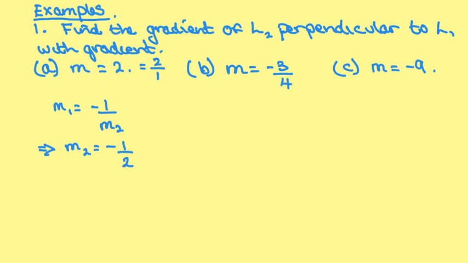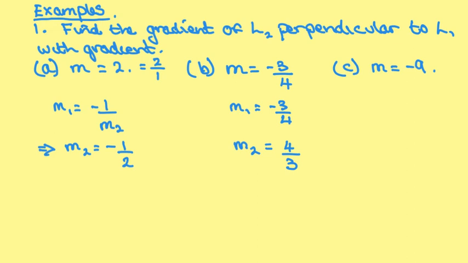B, m is equal to minus 3 over 4. So m1 is minus 3 over 4. So m2 is the negative reciprocal. It's already negative, so make it positive. Flip the fraction upside down, so it becomes 4 over 3.